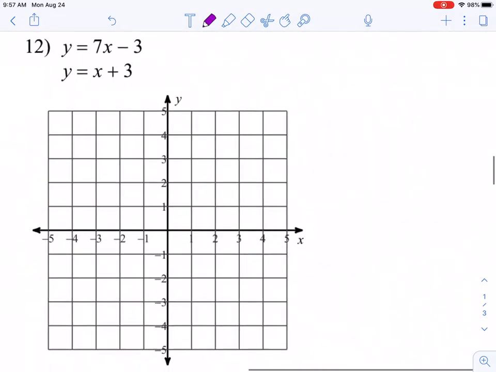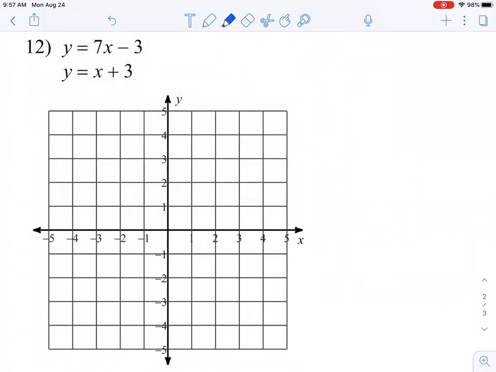All right, number 12, I'm going to color coordinate again. So I have my red equation. M equals 7 over 1, that's up 7, right 1. B equals negative 3.